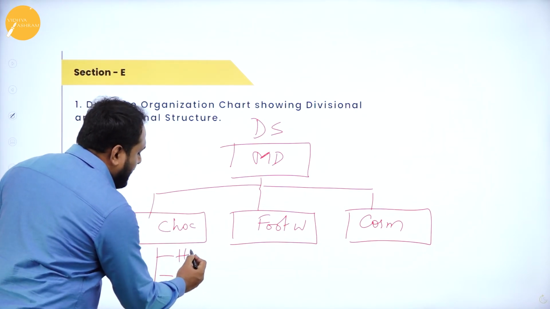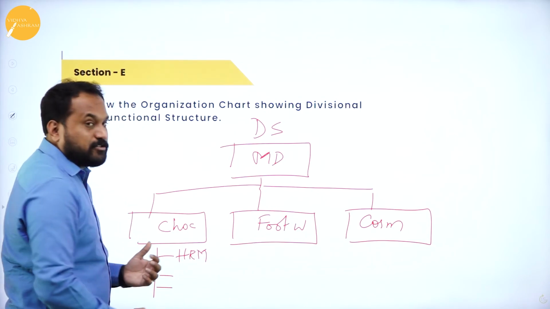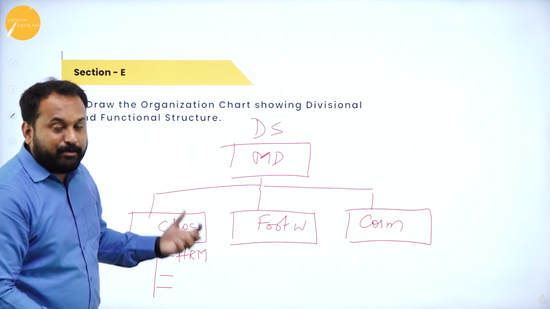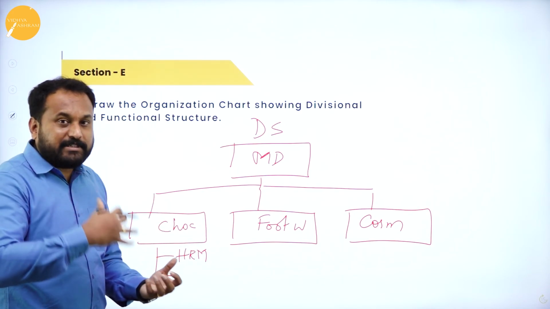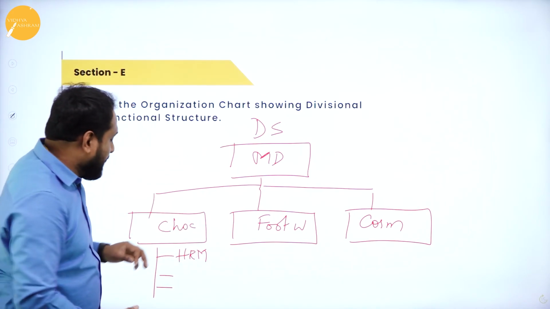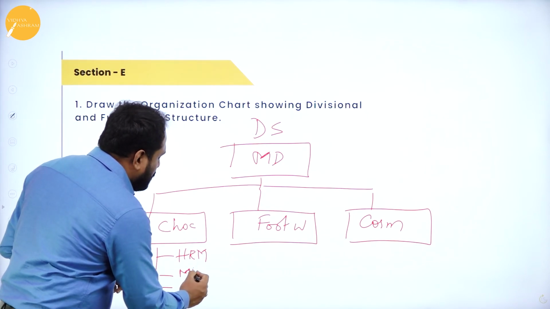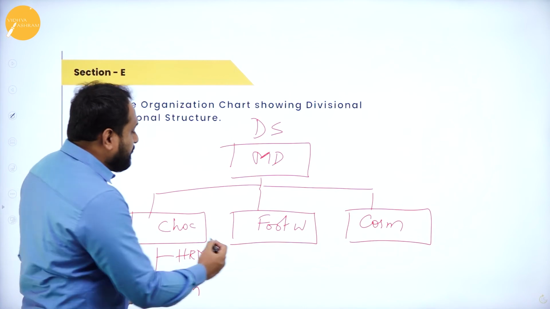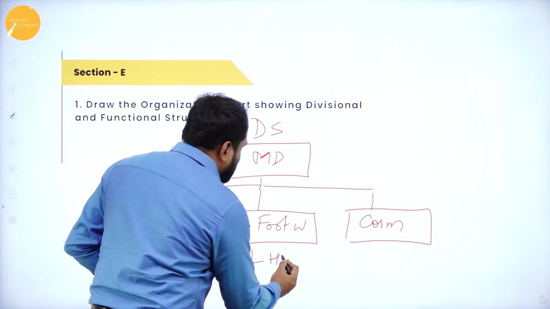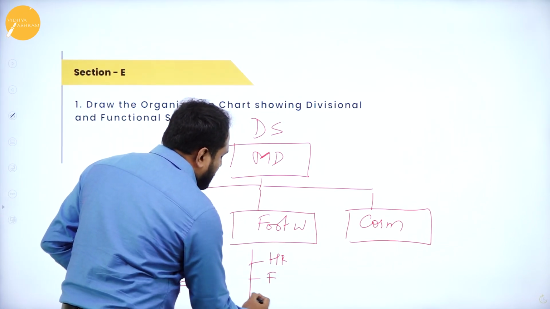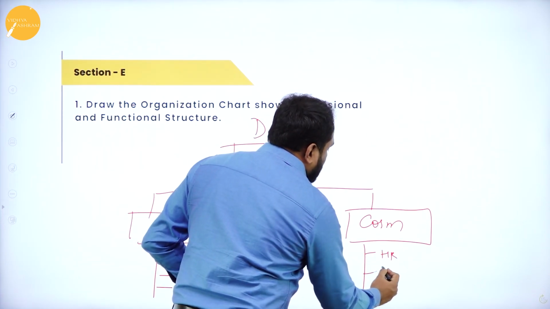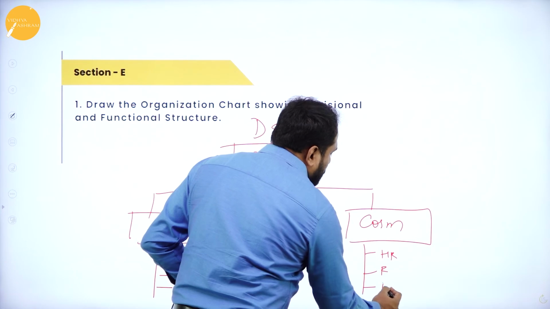Again, here we need a person who is a human resource manager, because for the chocolates employees, how exactly they are supposed to be selected will be given by the HR manager. The marketing of the chocolates, the finance for the chocolates. In the same way, for footwear also, we need HR, we need finance, and we need marketing. Here also we need HR, we need finance, and here also marketing.